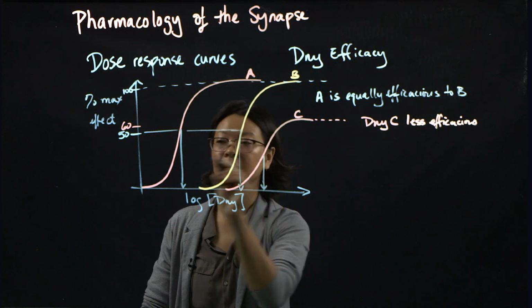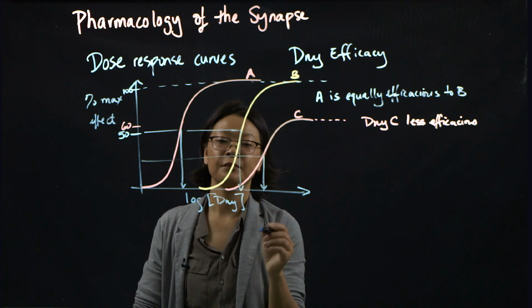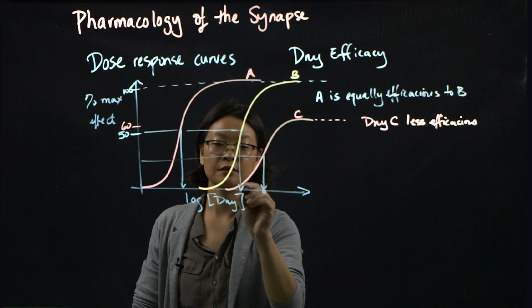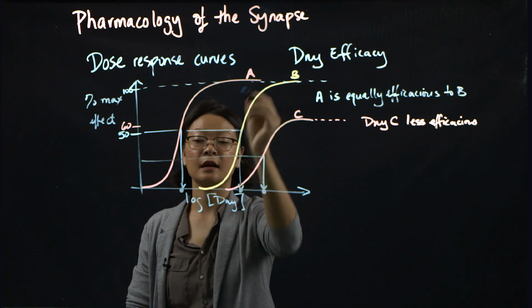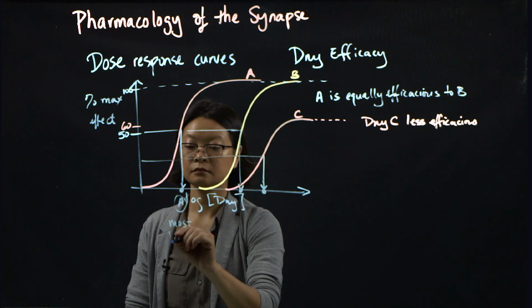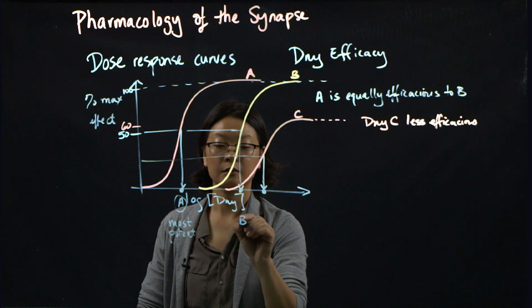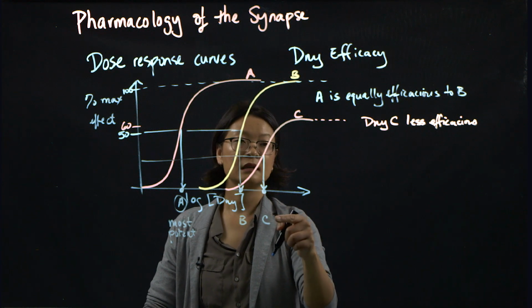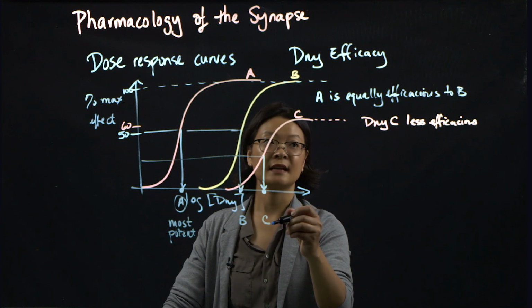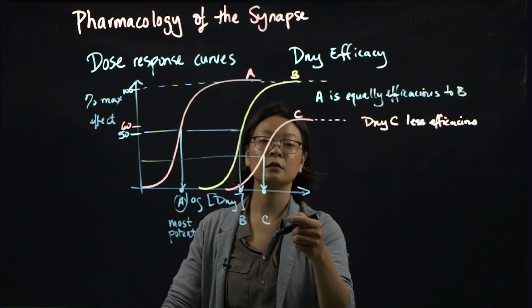So this is approximately 50% of the drug C maximal effect. And when we take a look at these 3 points, drug A is the most potent, followed by B, followed by C. C is a drug that can be described as having lower efficacy and lower potency compared to drugs A and B.